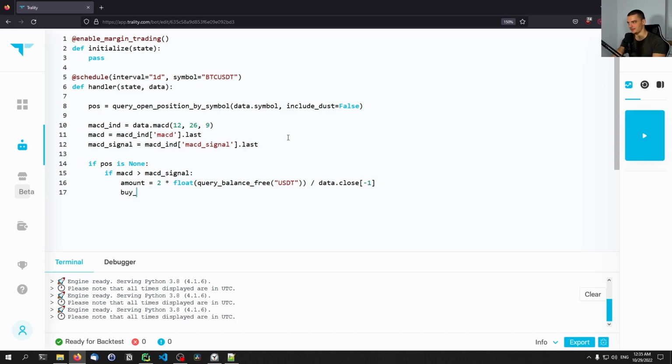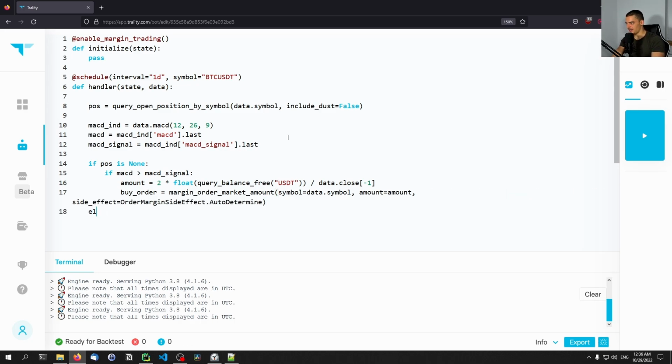And then we're going to say the buy order is going to be again margin order market amount. Symbol is data symbol, amount is amount, and the side effect is going to be again auto determined. So order margin side effect auto determine.